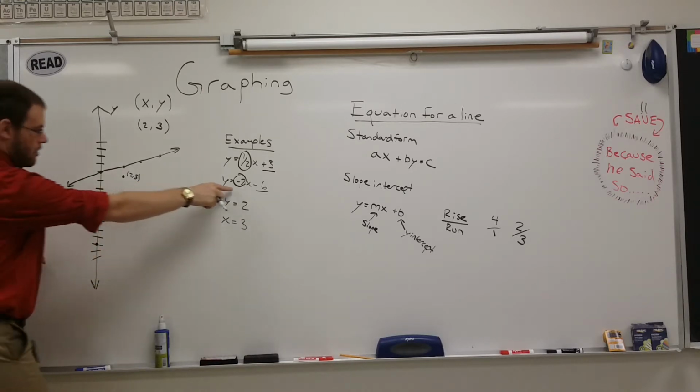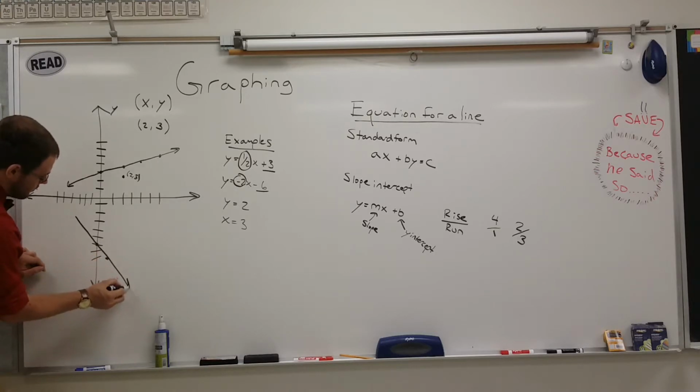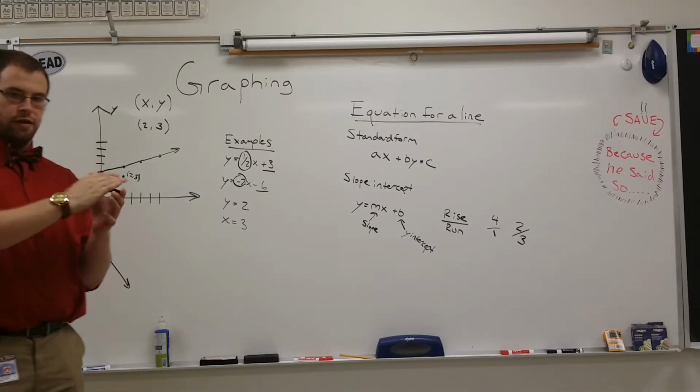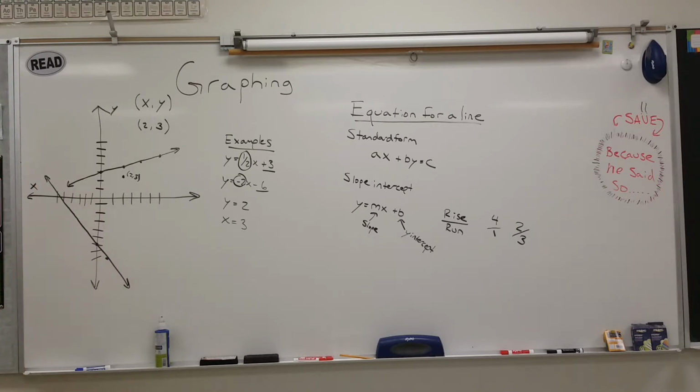So I'm going to have -2 over 1, and I can draw my line with just 2 dots. You don't need to have more than 2. It's nice to have more than 2, because it makes it easier to get that nice straight line. But if you're not worried about being super neat, you really only need 2 dots to graph.